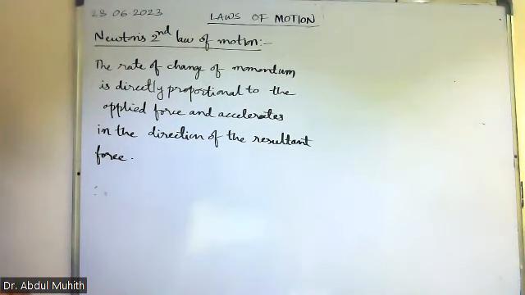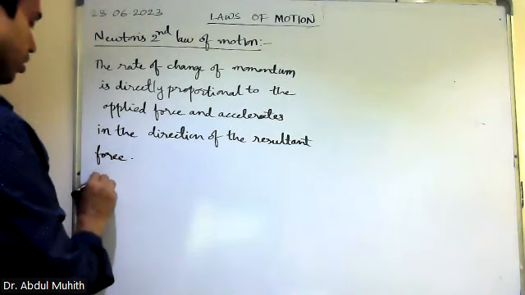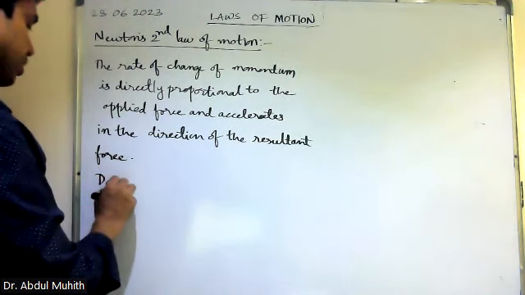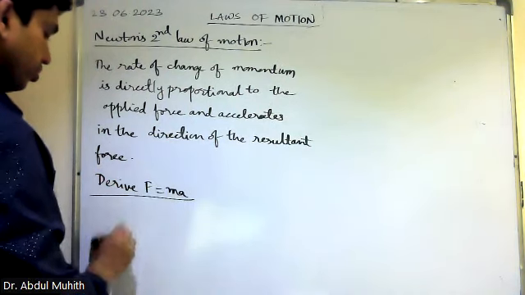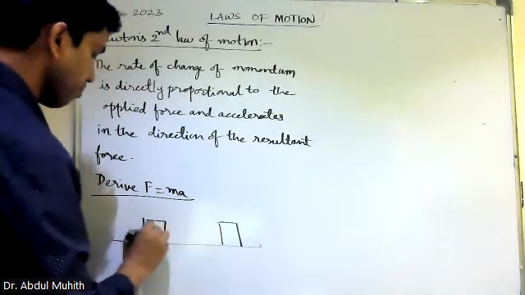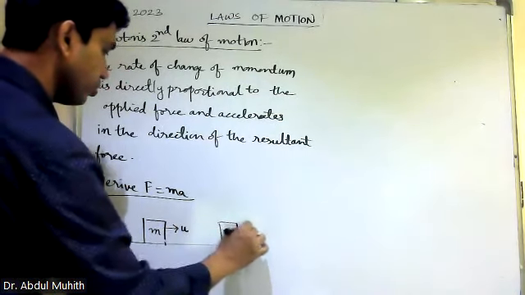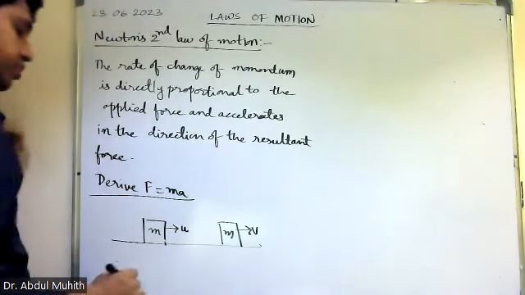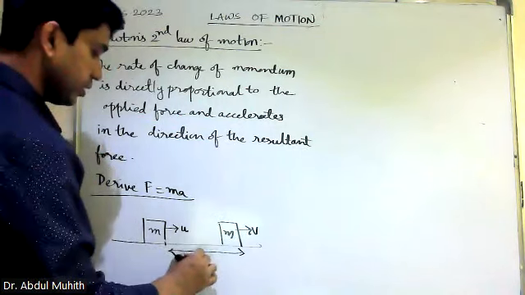That is Newton's second law of motion. Now we will derive F equals ma. Suppose there is a body whose mass is m, whose initial velocity is u, whose final velocity is v, and the displacement is s in time t.